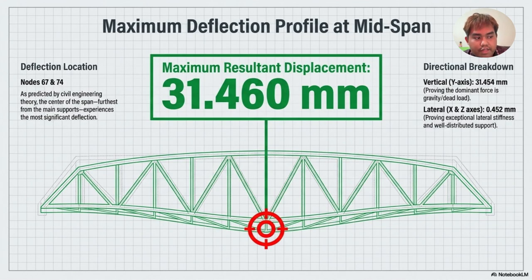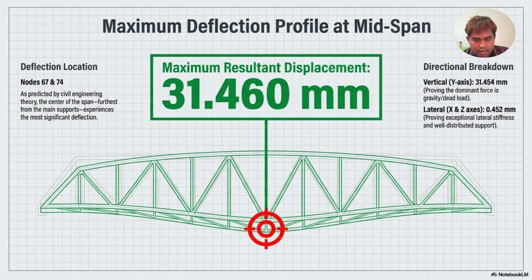Then the maximum deflection profile at the mid-span, which is the maximum resultant displacement on our bridge, is 31.460 mm, noted at the deflection location 67 and 64. As predicted by a civil engineer like me, theoretically the center of the span is furthest from the supports and experiences the most significant deflection.